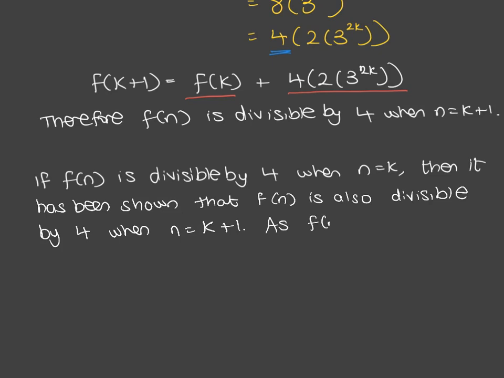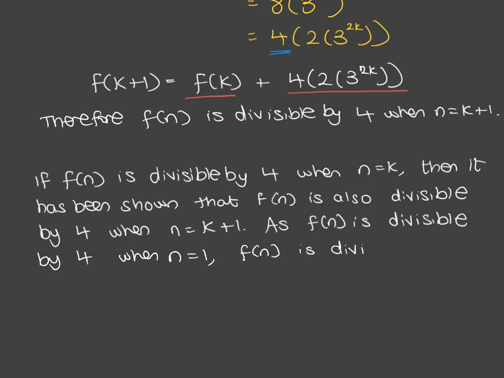But as we know that Fn is divisible by 4 when n equals 1, Fn must be divisible by 4 for all n that are positive integers by mathematical induction.